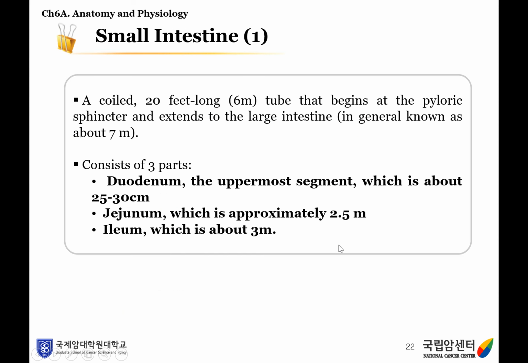And as for the small intestine, the small intestine is a coiled tube, 20 feet long, which is 6 meters, that begins at the pyloric sphincter and extends to the large intestine.